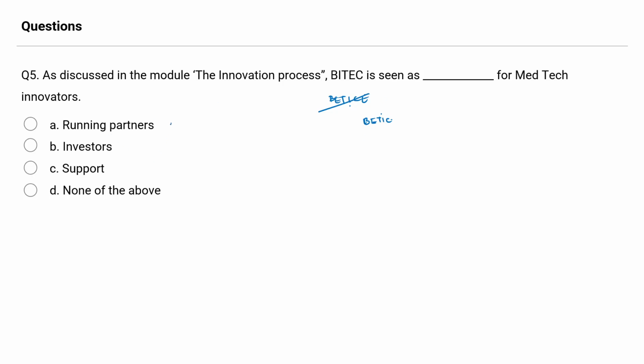So the options are running partners, investors, support, and none of the above. The question is, the Biomedical Engineering and Technology Innovation Center is seen as dash for medtech innovators. You have to tell us how it is seen. Is it seen as a running partner? Is it seen as an investor, support, or none of the above?